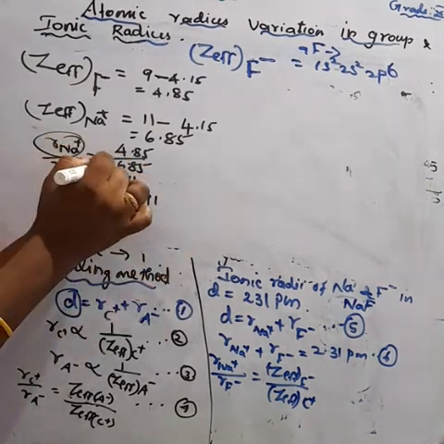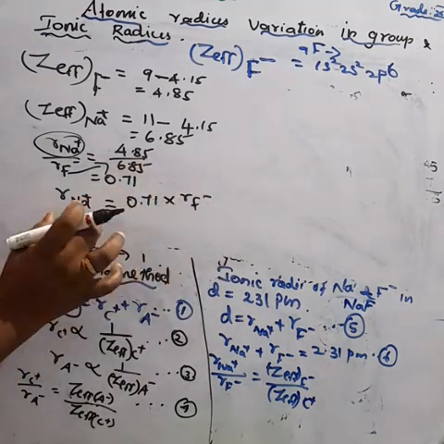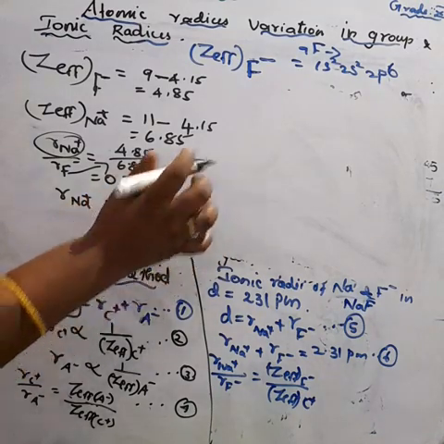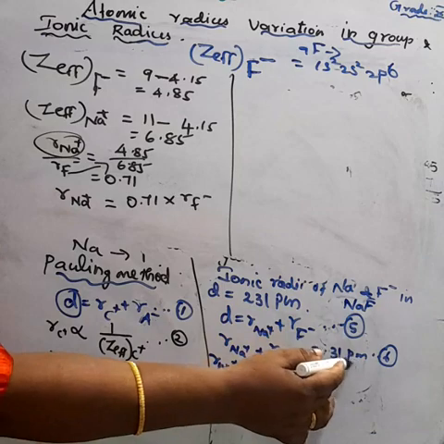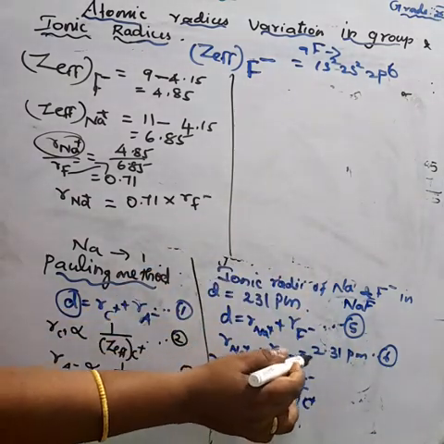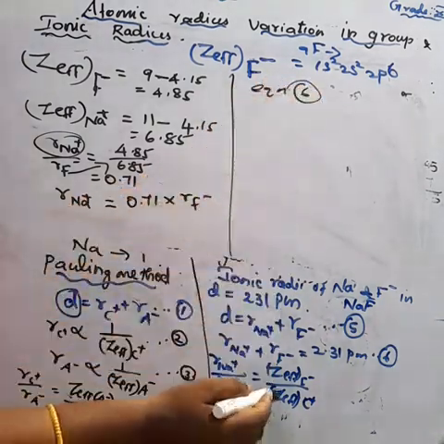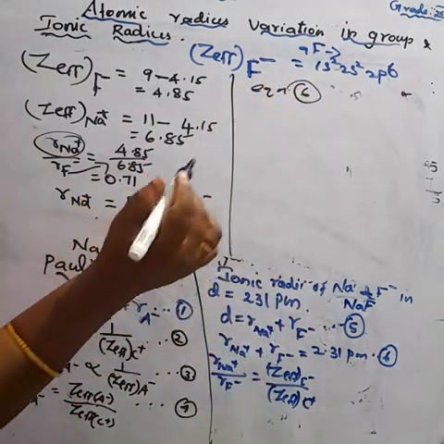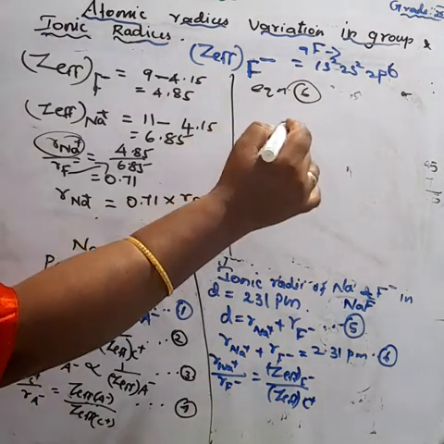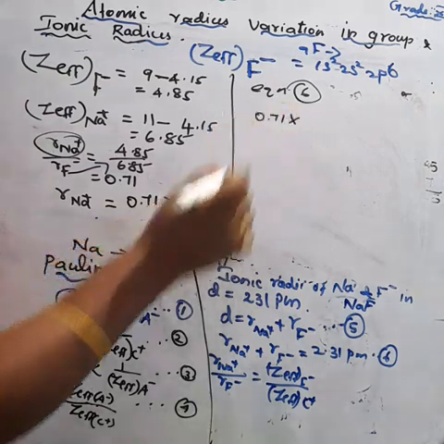Understood? Substituting this value of r Na+ in equation number 6, which is r Na+ plus r F- is equal to 231 pm, we get 0.71 r F- plus r F- is equal to 231 pm.